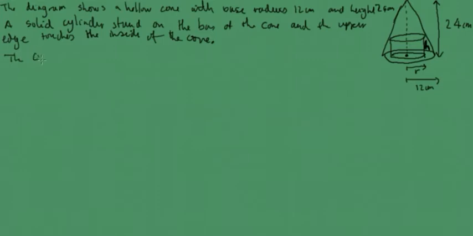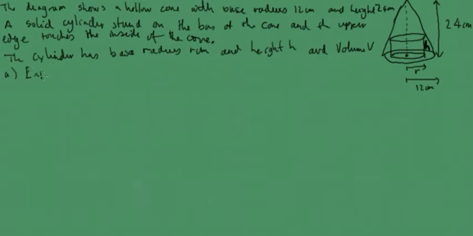The cylinder has base radius r, and height h, and volume V.